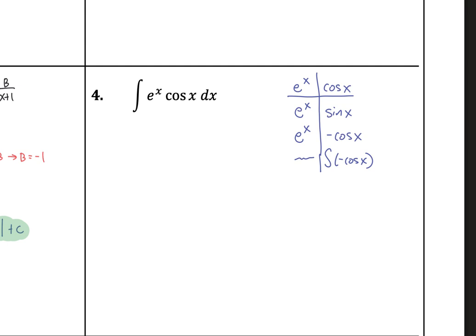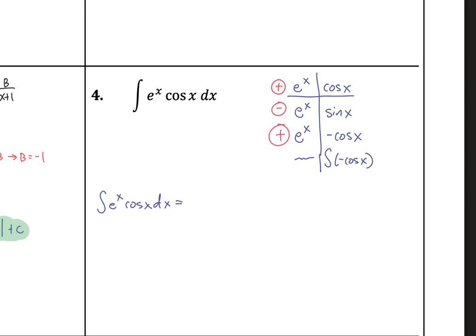Okay, so now think about this. I'll rewrite the whole thing now. So we're doing the integral of e to the x cosine x dx equals, still have to do the plus, minus, plus.